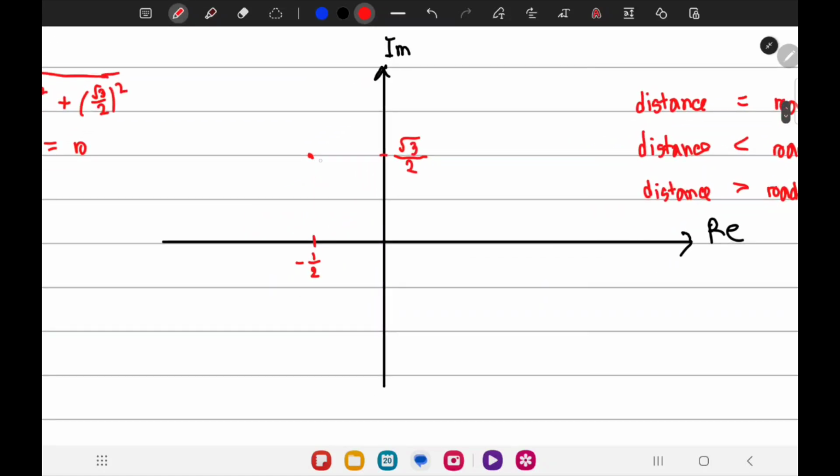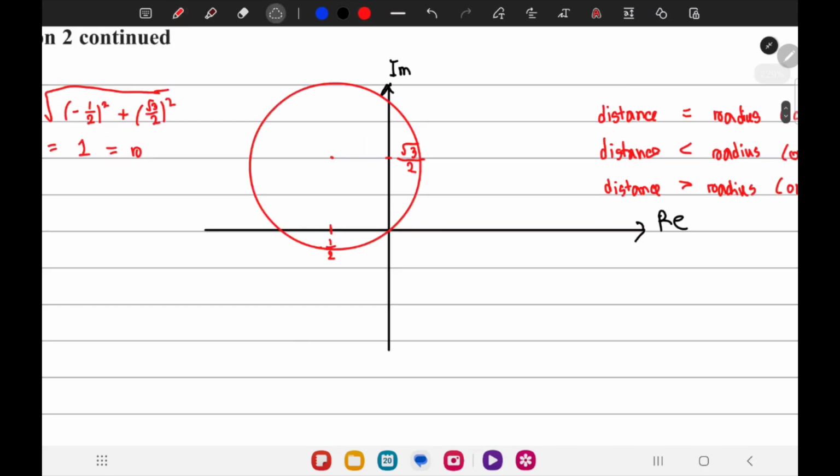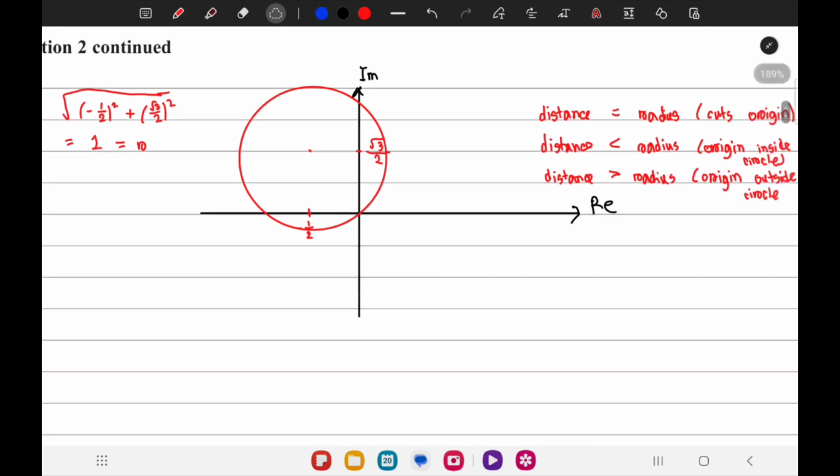So in this case, since it's equal to the radius, the circle will go through the origin. If the distance was less than the radius, then this would be the case, and if the distance was greater, it would be something like this. So the circle would look like this.